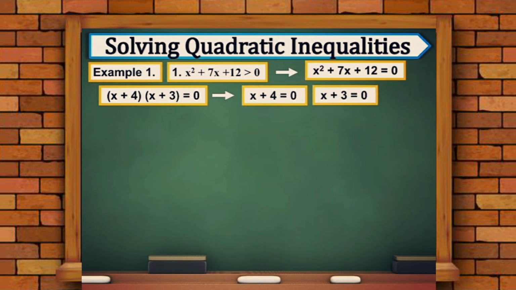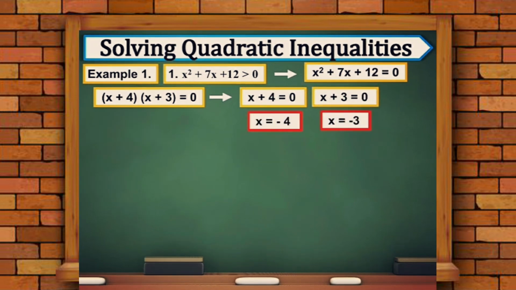After that, we will just apply the subtraction property of equality. Subtract both sides by 4 and 3 respectively. So, our roots are x is equal to -4 and -3.